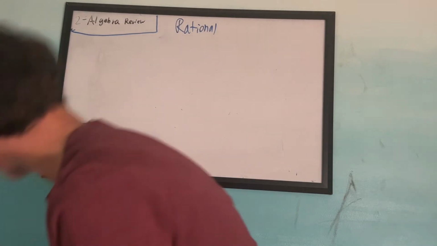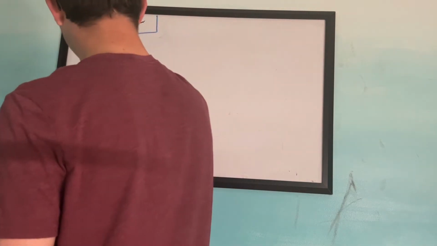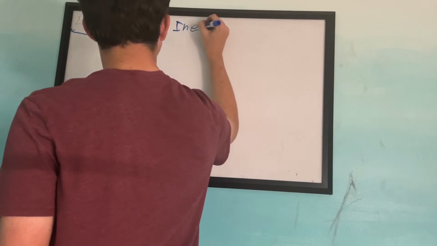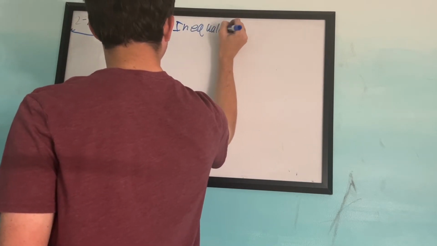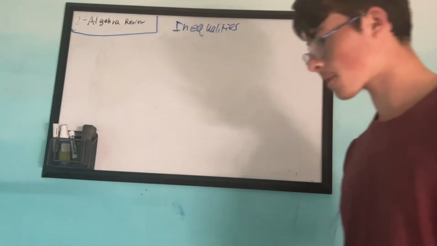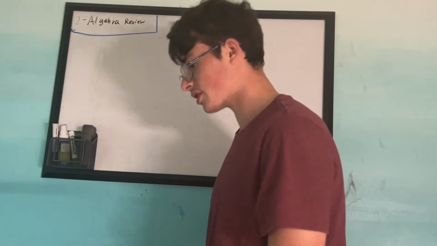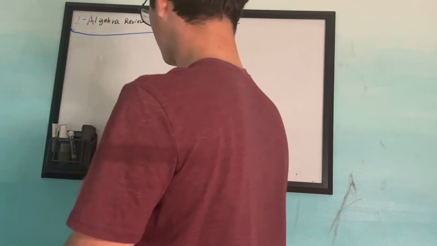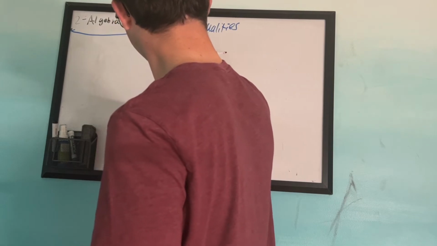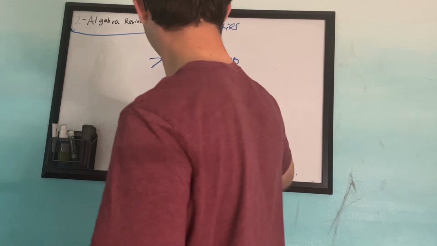Then next we're going to cover inequalities. First, we're just going to really quickly go over solving a very basic inequality. So 7x plus 3 is less than 9x minus 10.